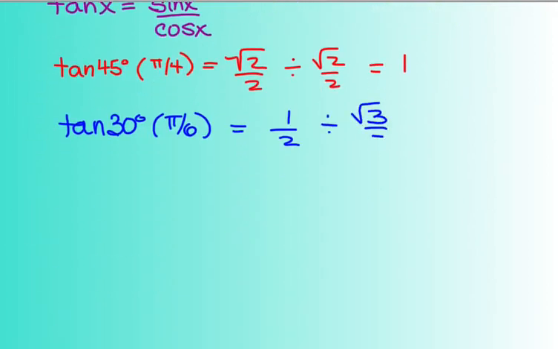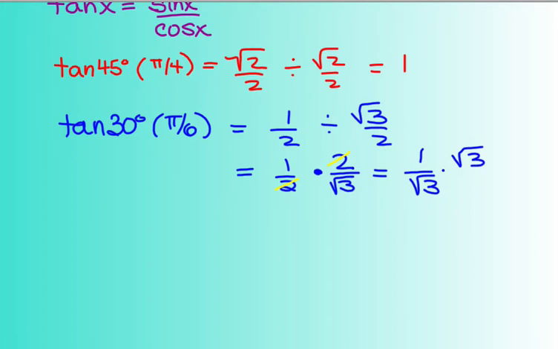Now, fraction divided by fraction, we keep change. We're going to keep the first fraction. We're going to change it to multiplication, and then we're going to reciprocate to 2 over 3. Now you'll notice the 2's cancel. Now you multiply across, and you rationalize it.